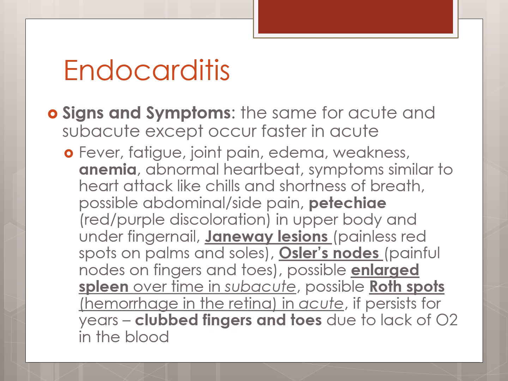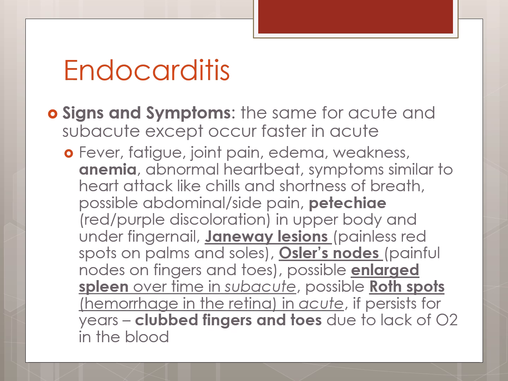Now, let's get into kind of a difference here between subacute and acute. With subacute endocarditis, we can have enlarged spleens. Again, we're talking about these areas that filter blood. So the spleen is going to be a big one. And then Roth spots.